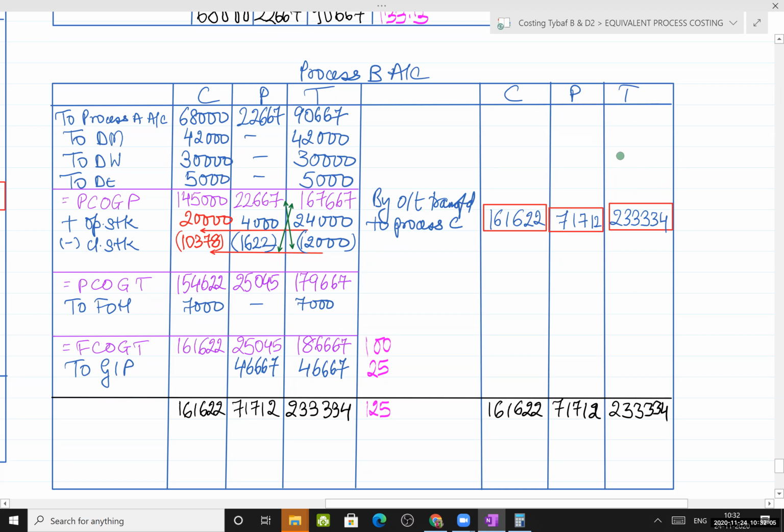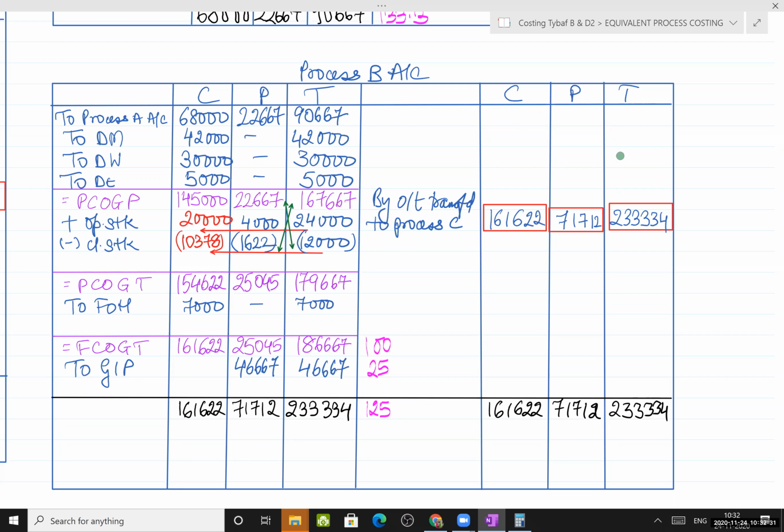Okay, so what are the important highlights in the sum? Pehla, that the output of first process will become input for the next. Then your closing stock is valued at prime cost of goods produced. Okay, if opening stock is having profit element, then definitely the closing stock will also have the profit element. And then next, your profit can be either on the transfer price or on the cost price.